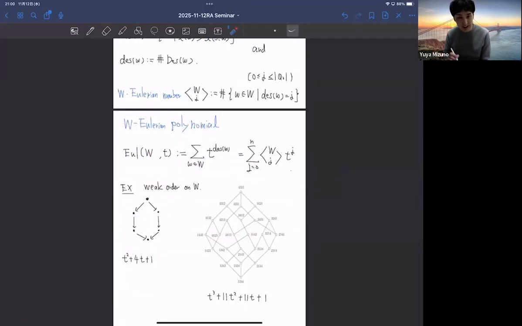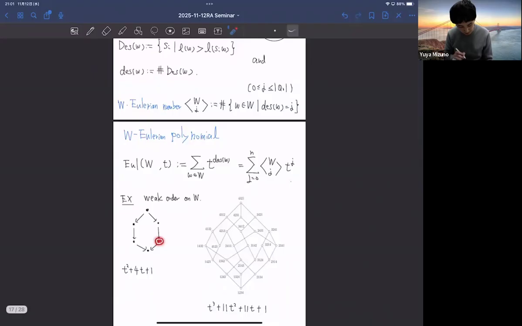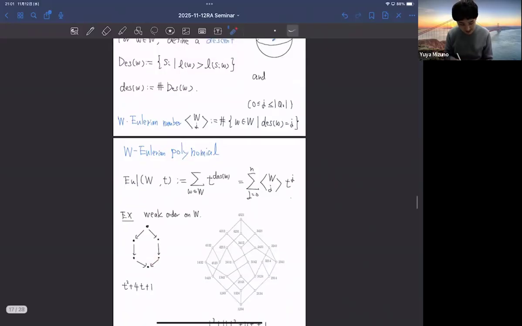Another explanation of this polynomial is in terms of the weak order. Namely, if we consider the Hasse quiver of the weak order, then the descent is interpreted as outgoing arrows. So you can see, for example, focus on this element. We have only one outgoing arrow. So for example, in this case, we have two outgoing arrows.